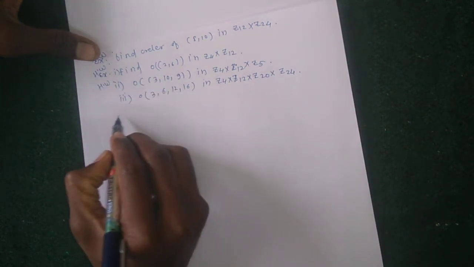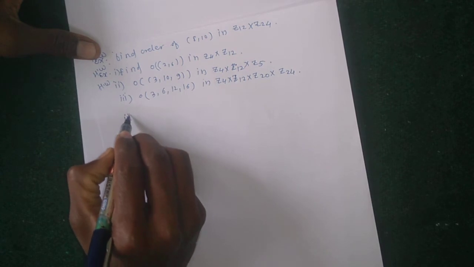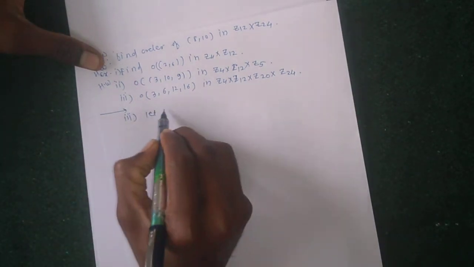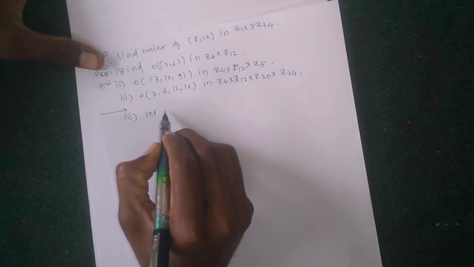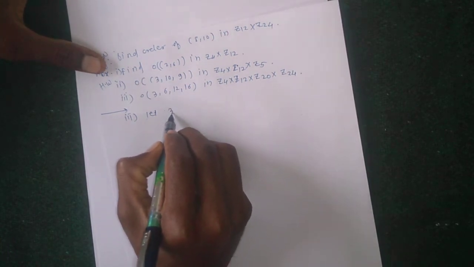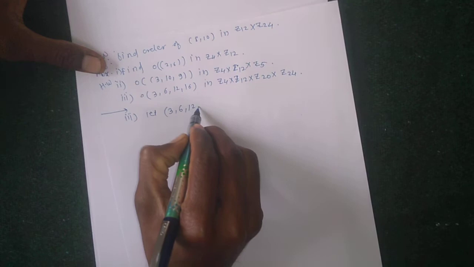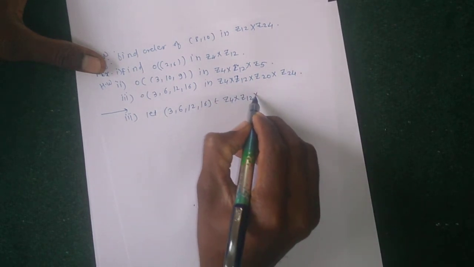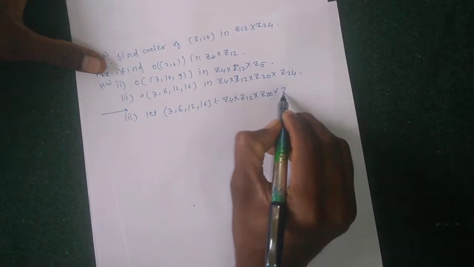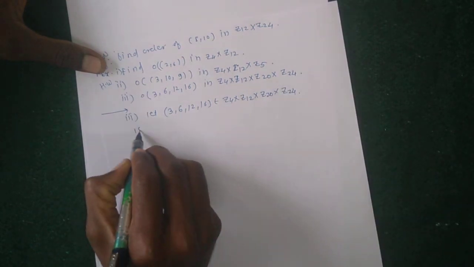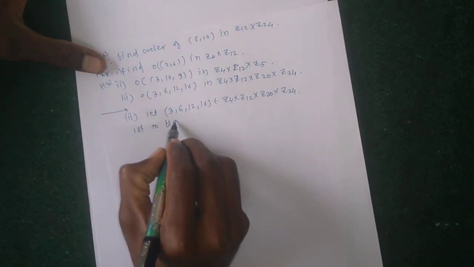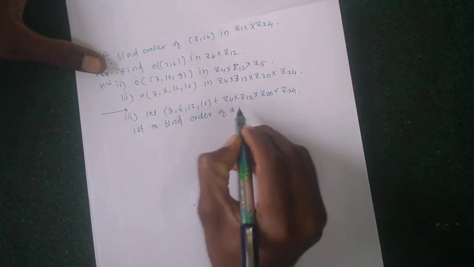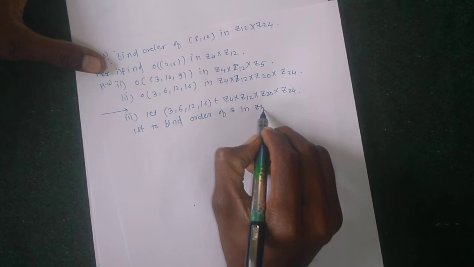So for the last example, the solution of the third example is how to find it. Let (3, 6, 12, 16) belong to Z4 cross Z12 cross Z20 cross Z24. First find the order of 3 in Z4.